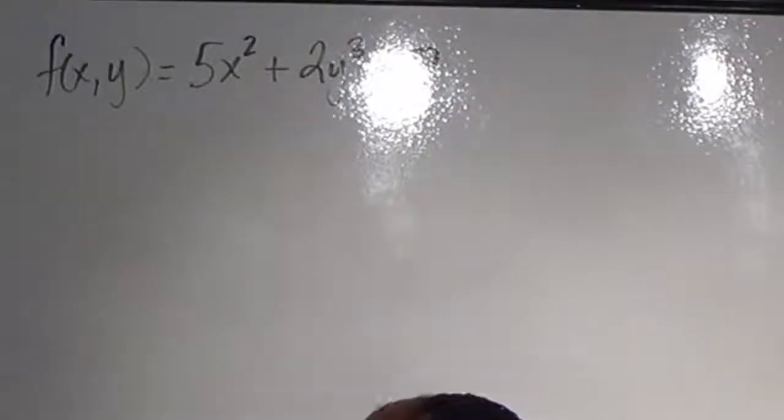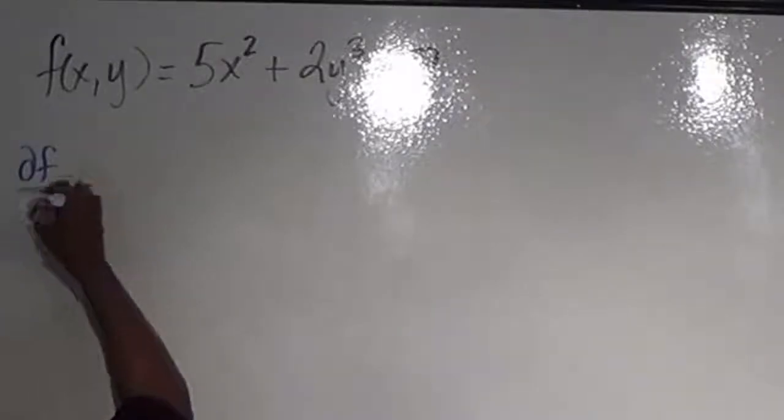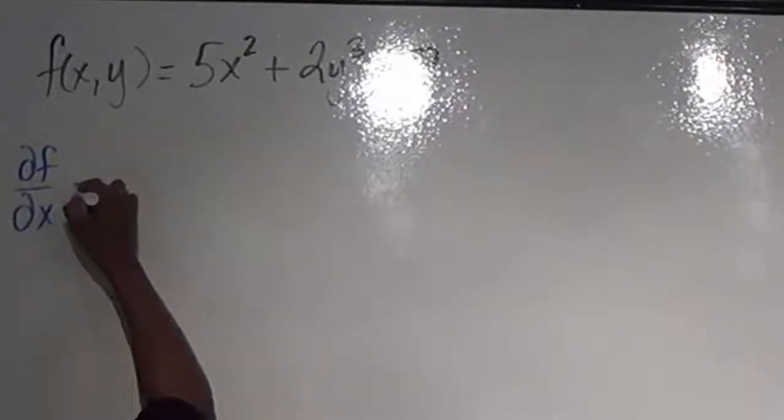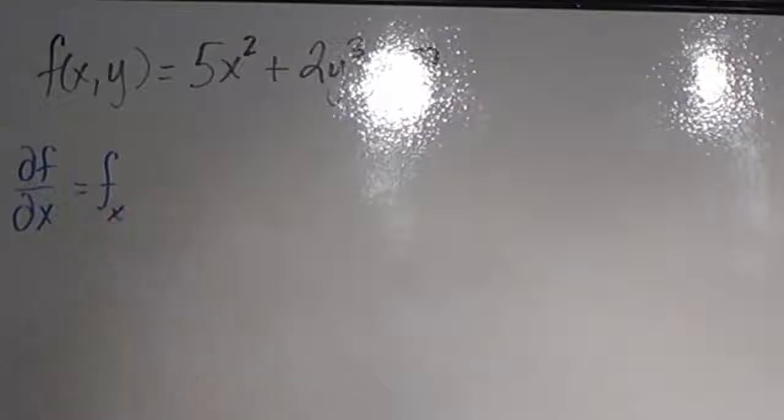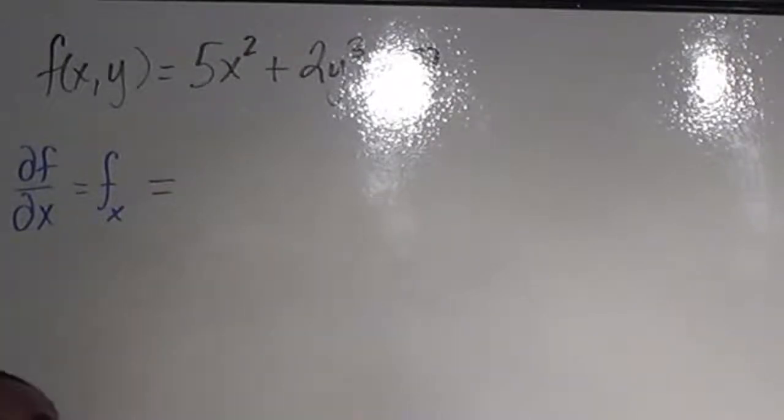If I want to find the partial of f with respect to x, I'm going to write both notations so that you can get used to both. This just means I'm going to take the derivative with respect to x and leave y as a constant. Remember, anytime I take the derivative of a constant, I get 0.